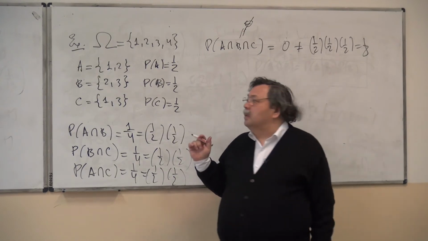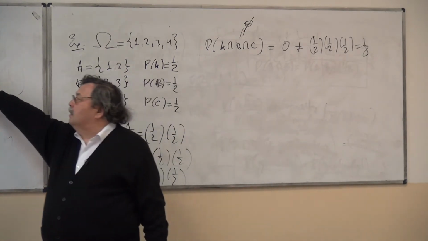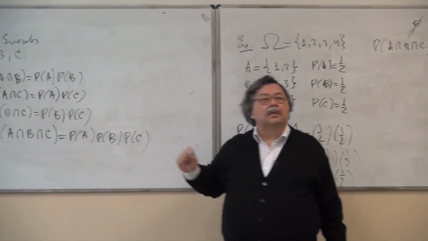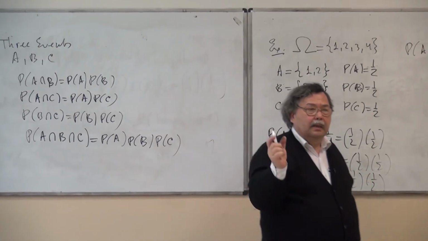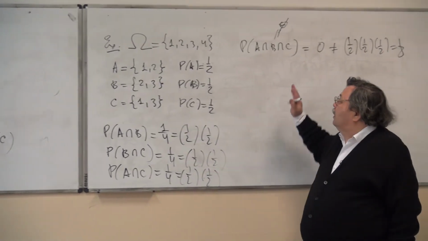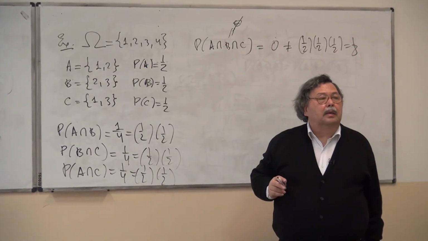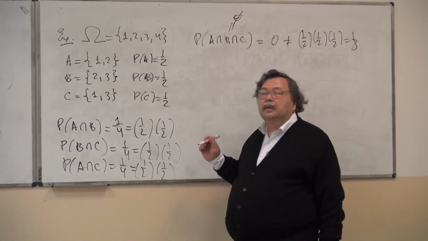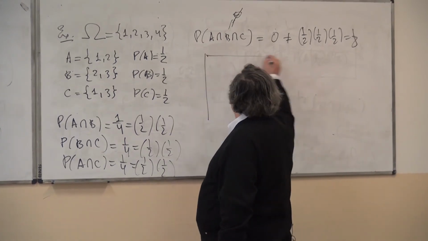So in this case, it's not enough to require that this kind of equation be satisfied for each of the 3 pairs. We need to require these two, and it's not satisfied here. Let's try to illustrate this situation using a Venn diagram.